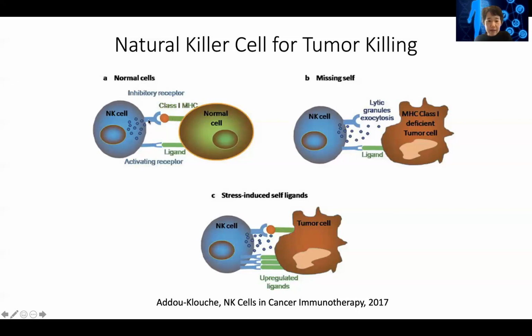If this is present, the receptor can recognize this and NK cell does not get activated. And so if you don't have the suppressor, the NK cell will kill. Additionally, if the cancer cell is under stress, there are upregulated ligands, which will activate NK cell even more, then the NK cell will still do the killing.